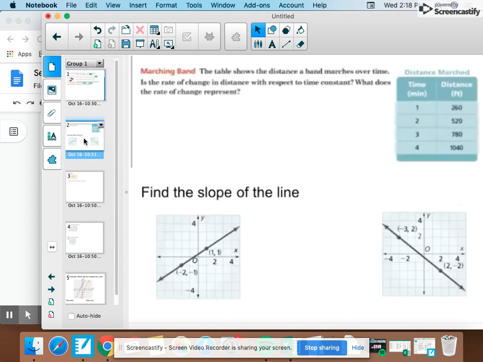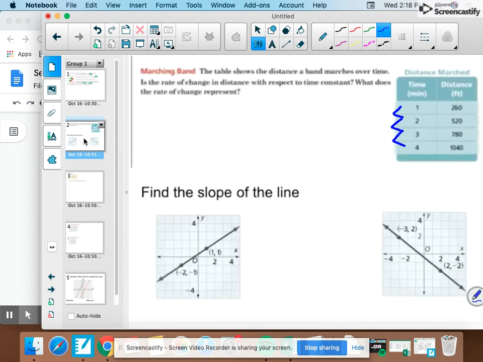The next problem says the table shows the distance a van marches over time. What is the rate of change in distance with respect to time, and what does it represent? When we're looking at the table, we have to check our rate of change. Our time is going up by 1 minute, and our distance, if we subtract 520 minus 260, is going up by 260 each time.